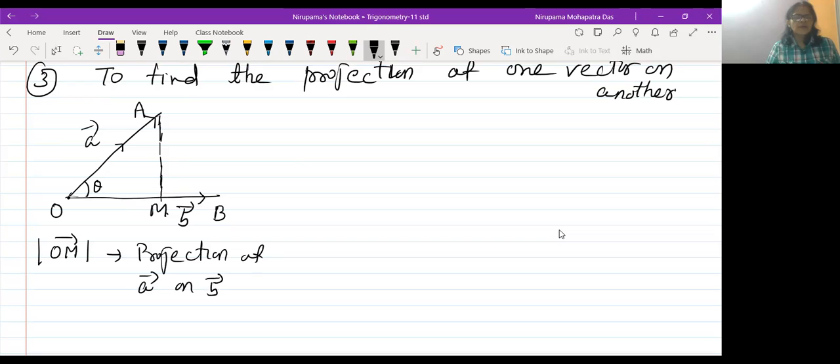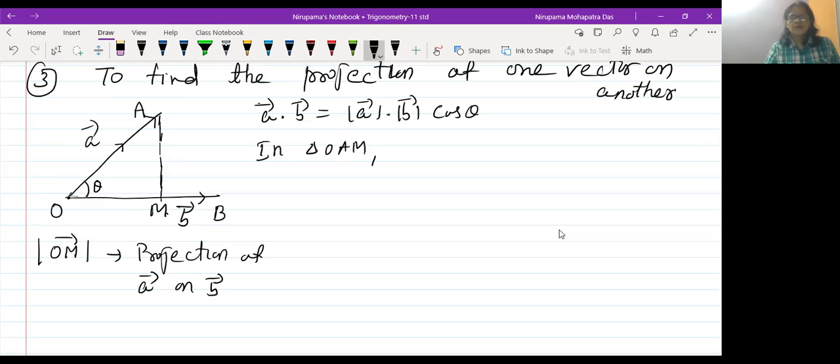Whenever you have two vectors A and B, you know A dot B equals magnitude of A into magnitude of B into cos theta, right? So what will this cos theta be? If I consider triangle OAM, this is a right triangle. Here cos theta equals OM by OA.